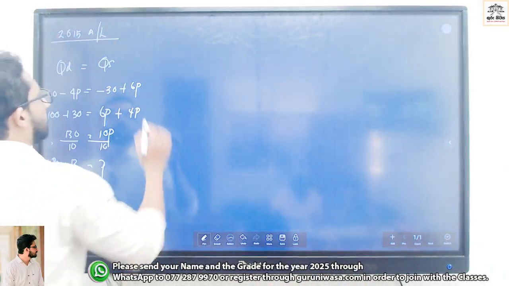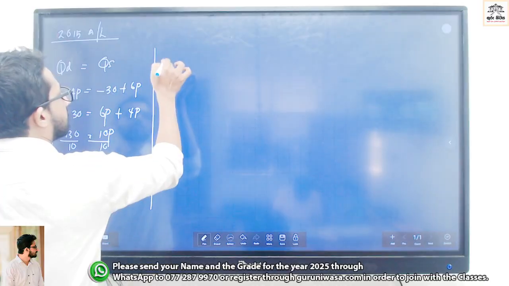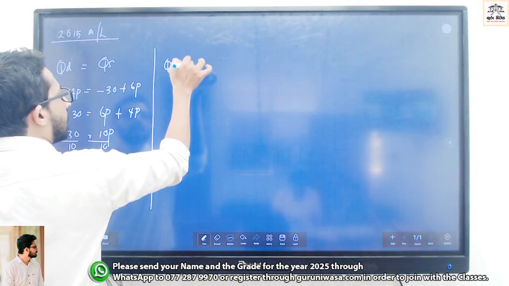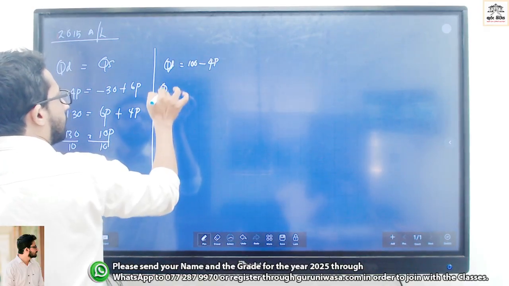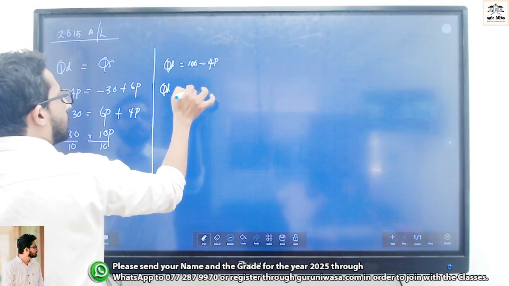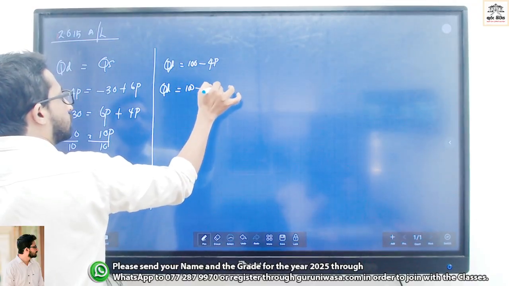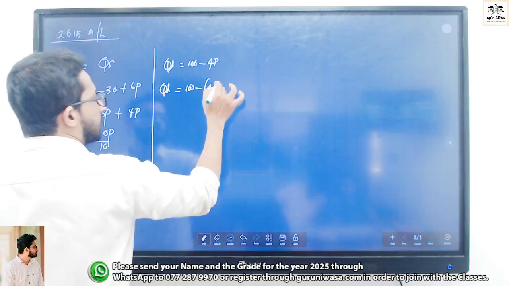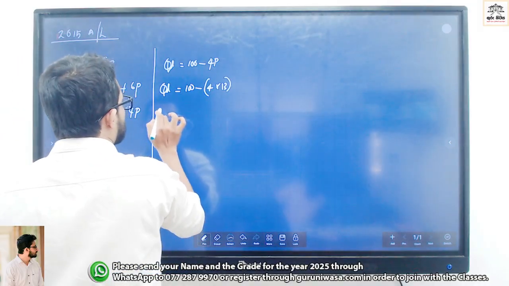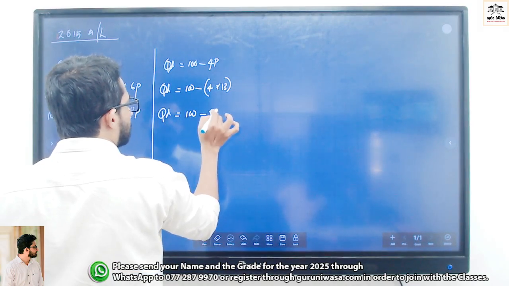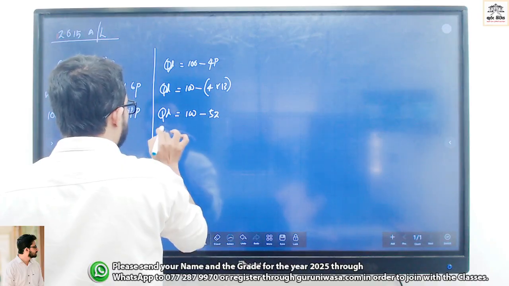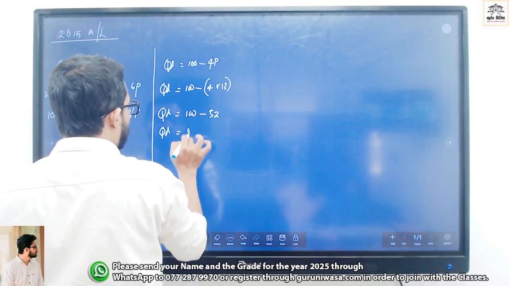Now calculate the equilibrium quantity. QD equals 100 minus 4P. QD equals 100 minus 4 times 13, the price. QD equals 100 minus 52. QD equals 48 units.